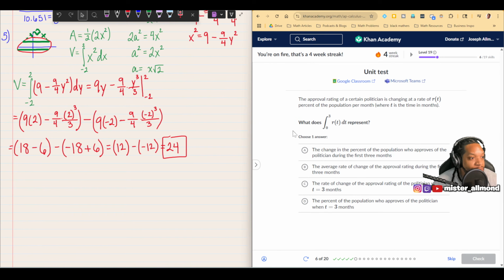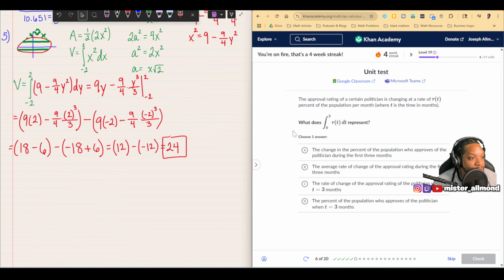Not B, not C, not D. Yeah, it should be A. Definitely not an average rate of change. It's not a rate of change.